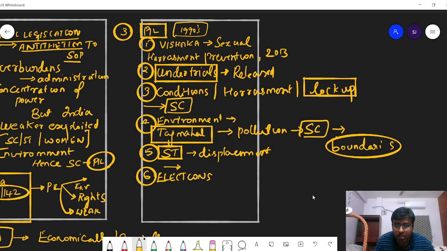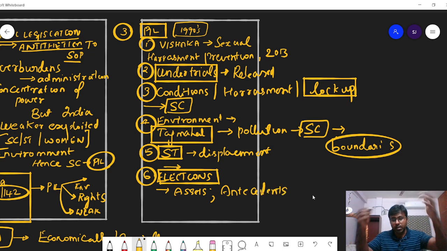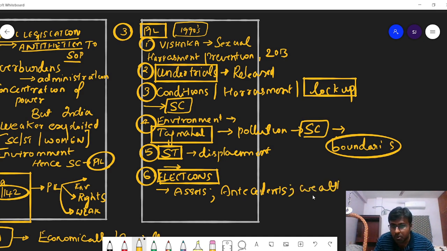You would have seen all these, the assets of candidates or their antecedents. Antecedents means what they have done before, their prior record, their wealth, and criminal cases if there are any.